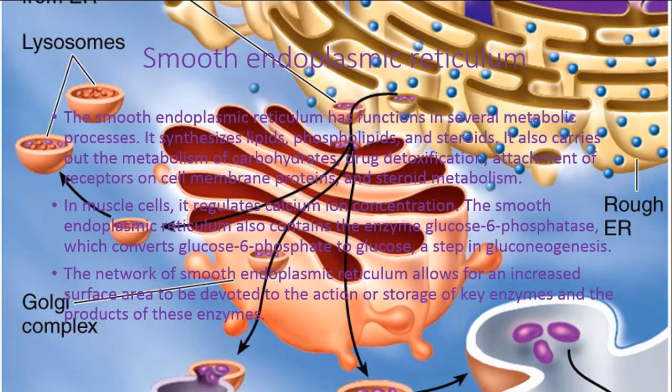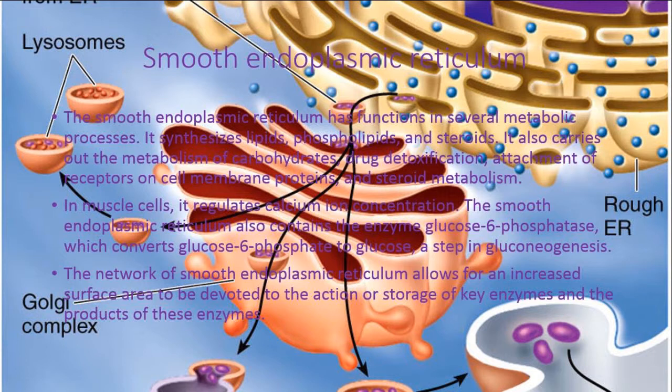Next, the smooth endoplasmic reticulum. The smooth endoplasmic reticulum has functions in several metabolic processes. It synthesizes lipids, phospholipids, and steroids. Cells which secrete these products, such as those in the testes, ovaries, and sebaceous glands, have an abundance of smooth endoplasmic reticulum.